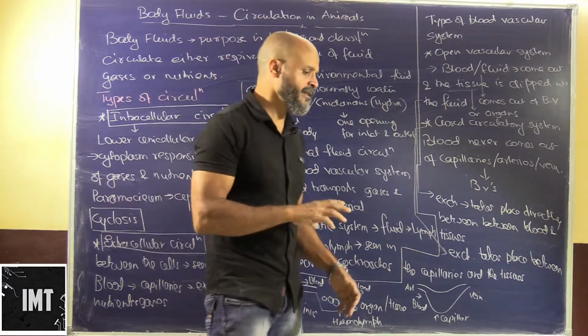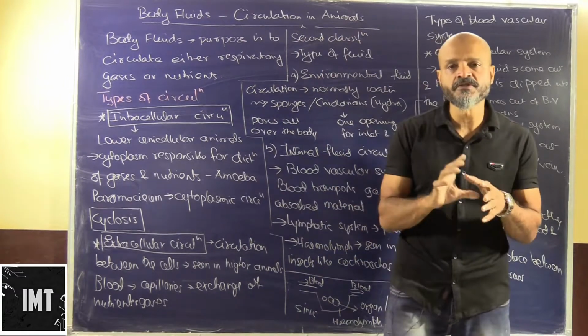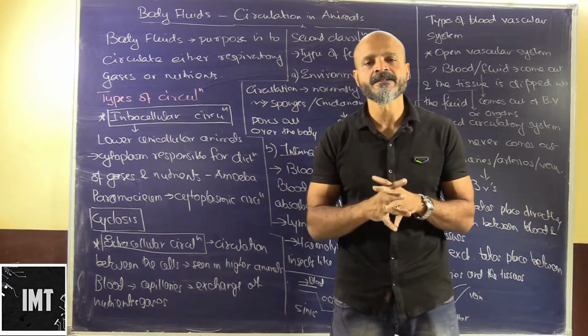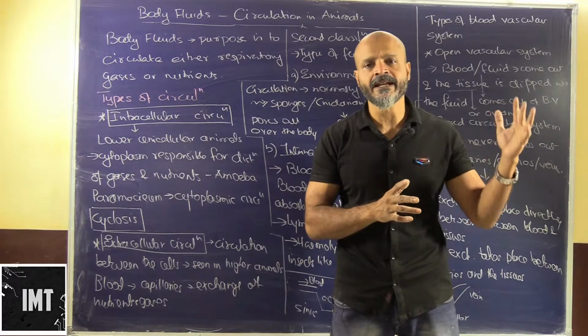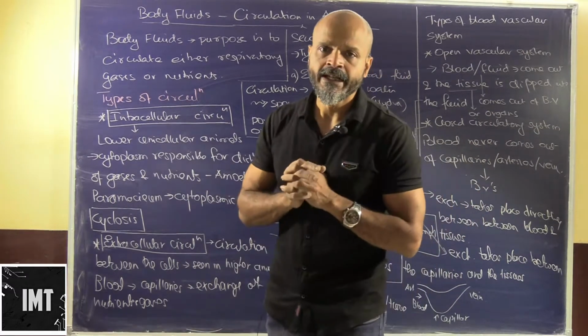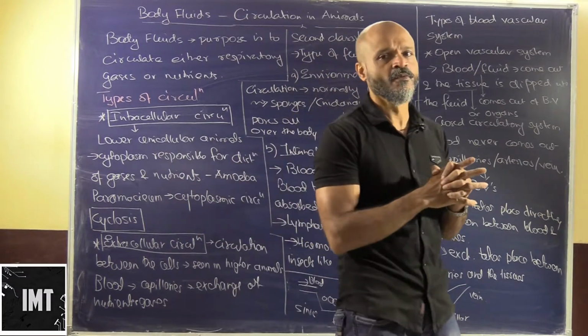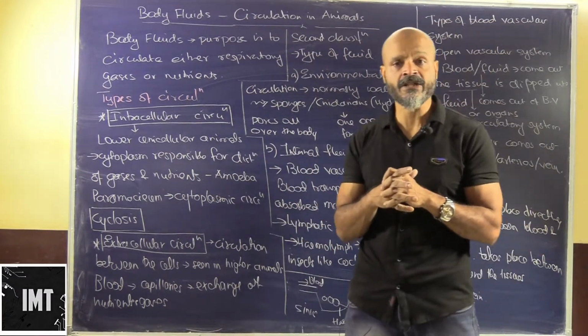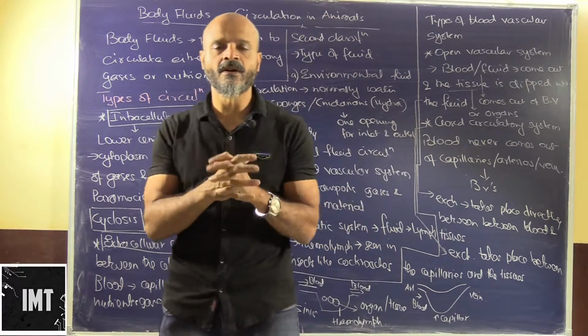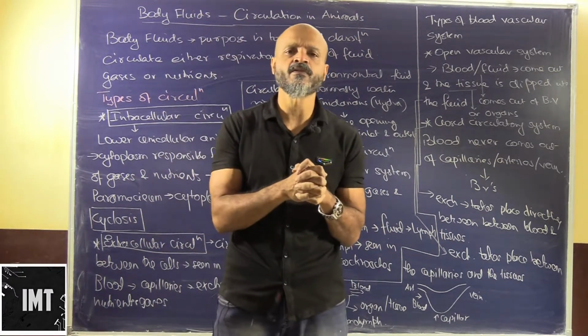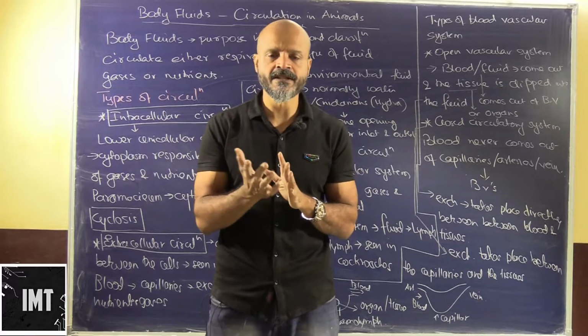In circulation, what we are going to study is how the blood vessels, like arteries, veins and capillaries, are involved in the distribution or exchange of various gases required by various cells and tissues, like oxygen and the nutrients that are required, and how the waste disposal happens.